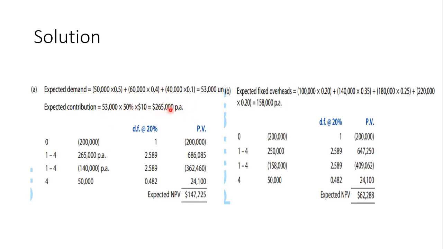So we can use this to help us do our investment appraisal. The initial investment of 200,000 is there in the question. Then you have your expected contribution of 265,000, which luckily is the same for years 1, 2, 3, and 4. So remember, we calculate an annuity instead of calculating discount factors for each of the years.